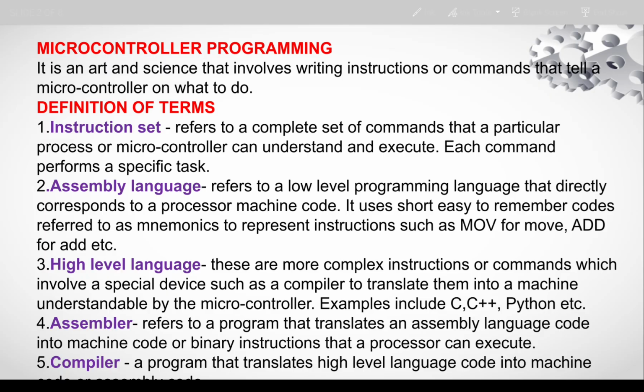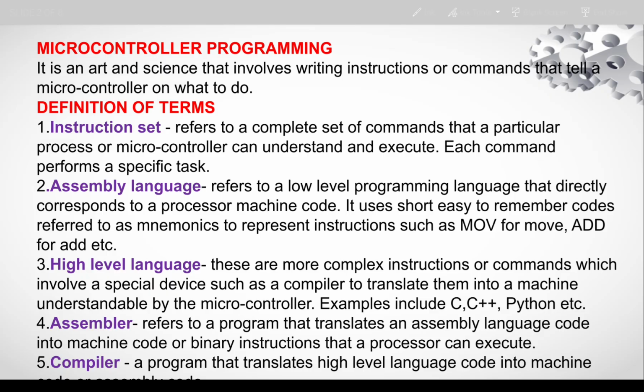These are more complex instructions or commands which involve a special device such as a compiler to translate them into a machine code understandable by the microcontroller. Examples include C, C++, Python, etc. So high level programming languages are more complex instructions, and most of the time someone can write a program using a high level language, but wants to direct a machine that uses a low level language.